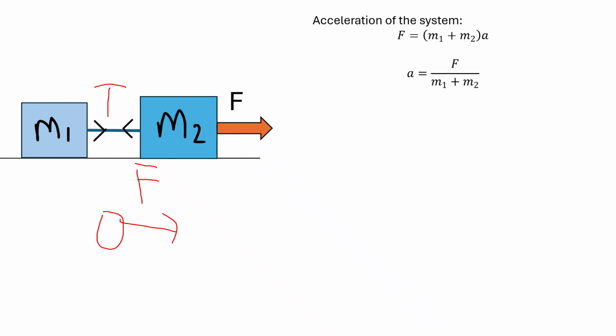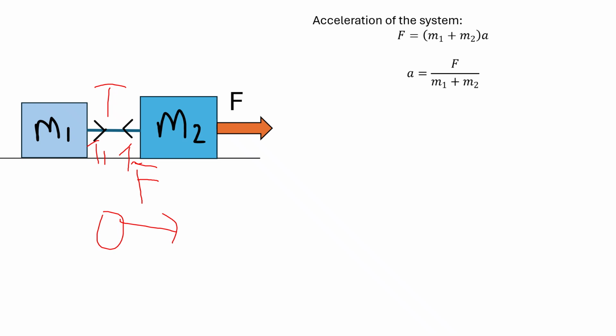So why are we saying this? Let's say we consider the tension to be T1 and T2 based on the two masses. T1 is the tension in the string that is pulling M1 forward. And T2 is the tension in the string that is tending to pull back the M2.